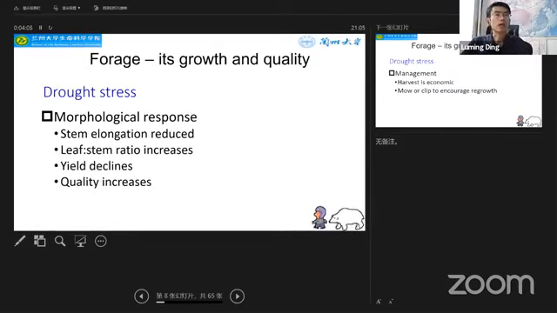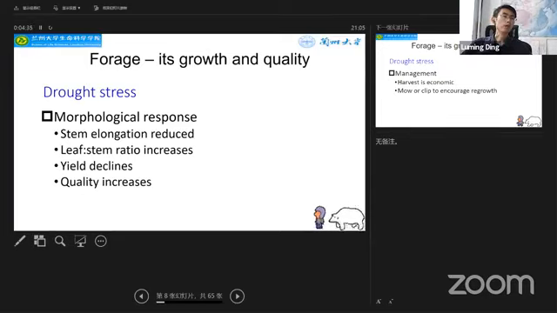Under drought stress, the forage will respond. So the morphological response can be found. The stem elongation of the forage is reduced, and the ratio of leaf to stem increased. The yield of the forage declines, but the quality of the forage increases.